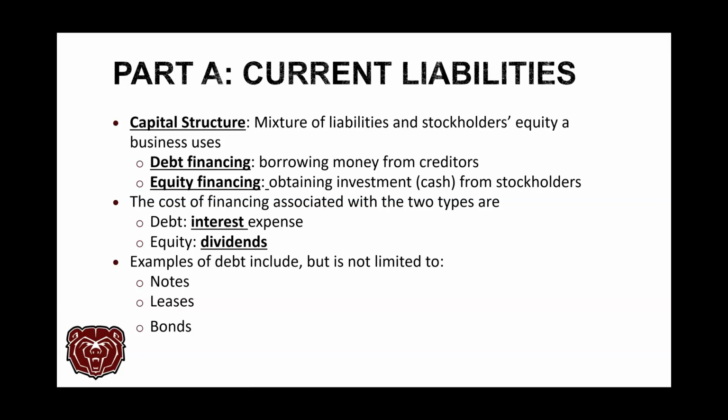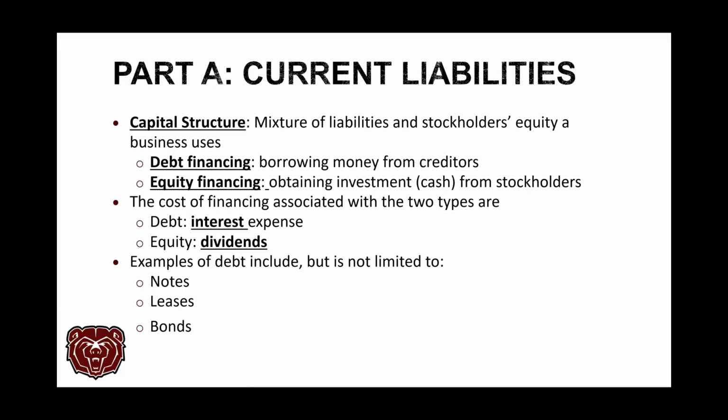There is always a cost to financing. There's always a cost to obtaining your capital. When we finance through debt, that cost is interest, right? So when we take a loan out from the bank, the cost of borrowing that money is interest. When we issue debt in the form of bonds, the expense is interest.